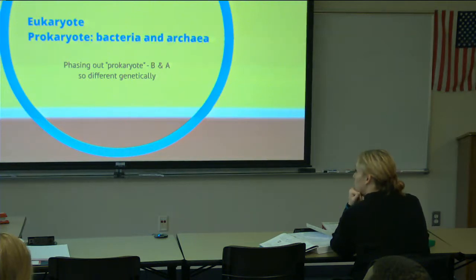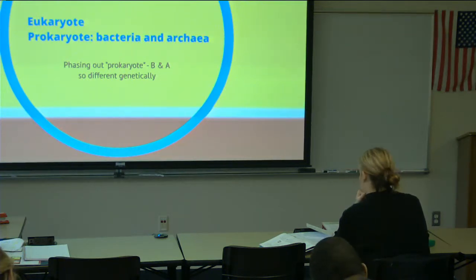All right, so eukaryote, the EU, this means true, kary means nucleus. That's the biggest clue as one of the main differences between these euks and these prokaryotes. Eukaryotes have a true nucleus, in parentheses, membrane bound.